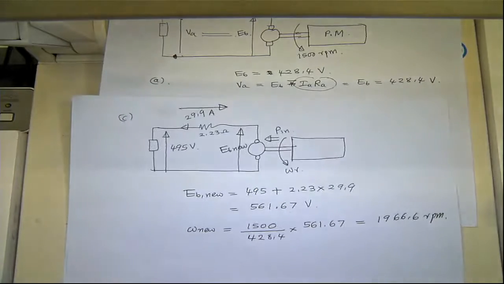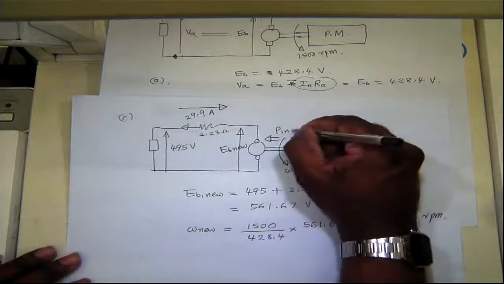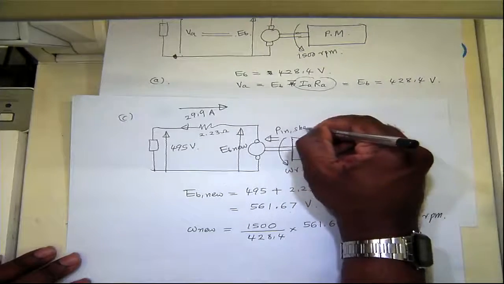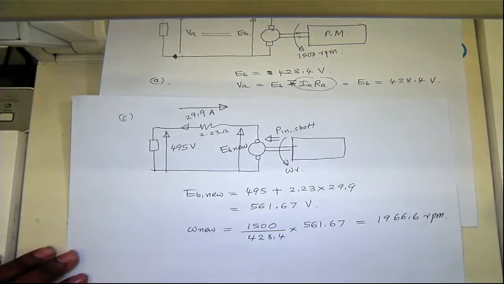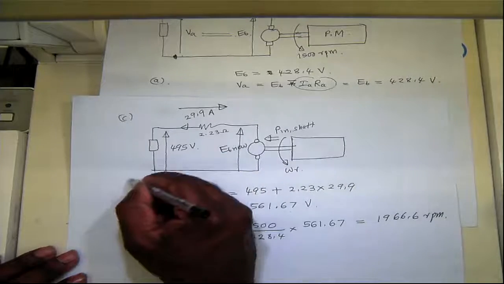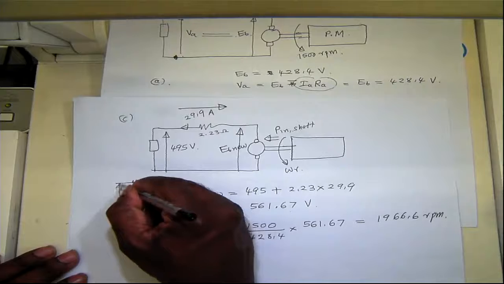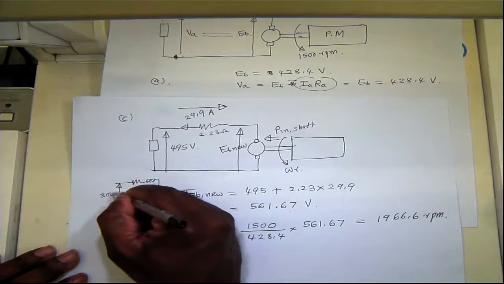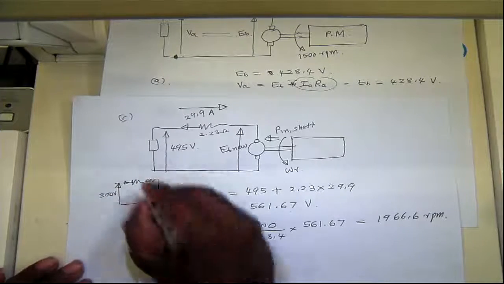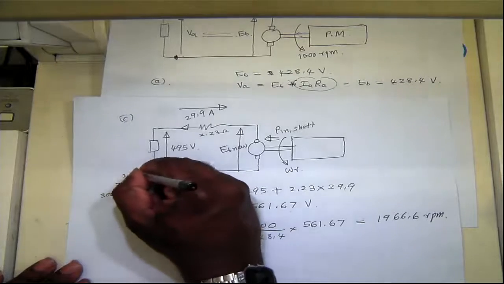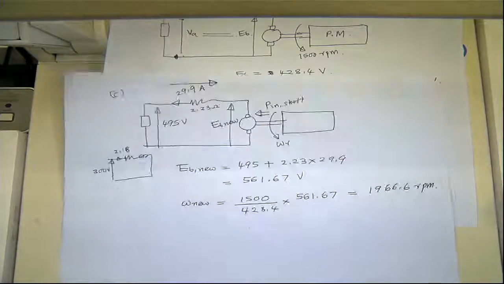So we can write, this is the shaft power, and then in addition to that you also have a field winding. So let's say some field circuit here which has the rated field 300 volts and current of 2.18, and this consumes some amount of power as well.